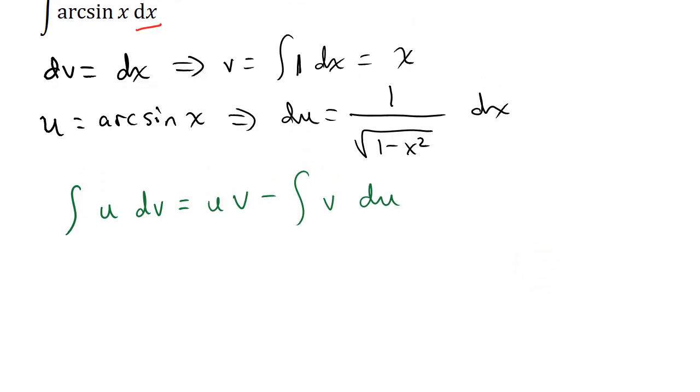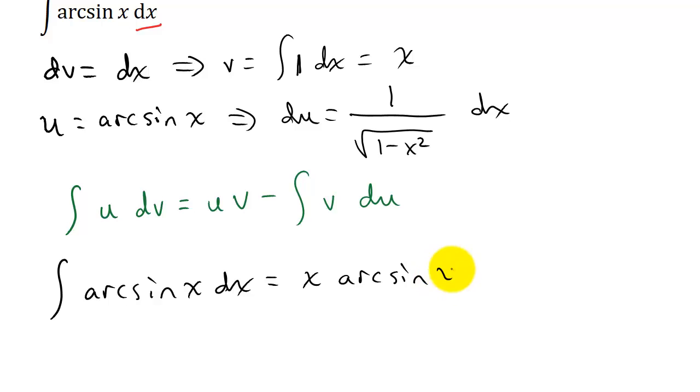We've got the integral of arc sine x dx is equal to u, and in this case u is arc sine x, times v, and v is x, so I'm going to write it as x times arc sine x minus the integral of v, and in this case v is x, times du.